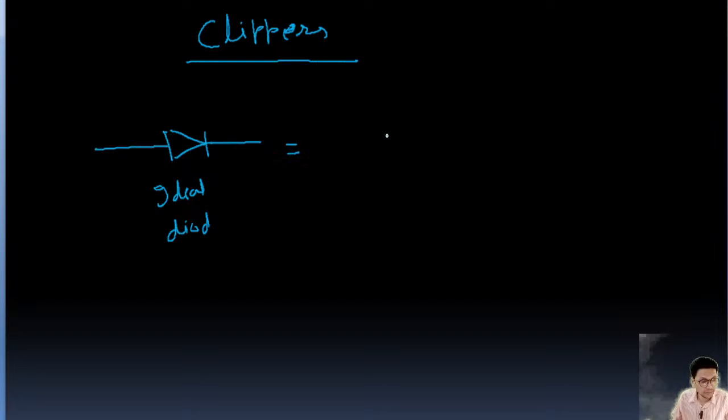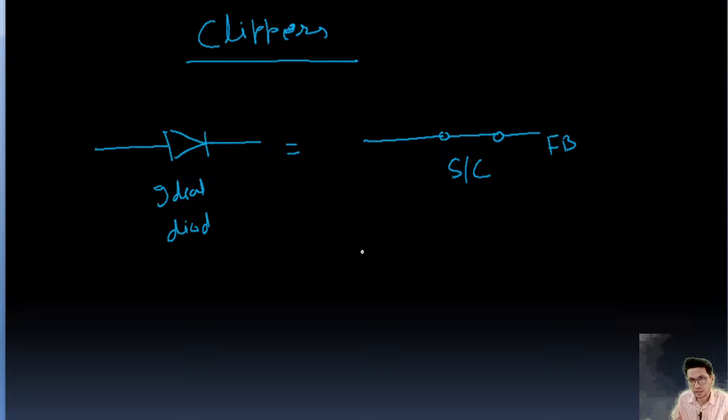If it's an ideal diode, it will be short circuited if it is forward biased, so current will flow from here.